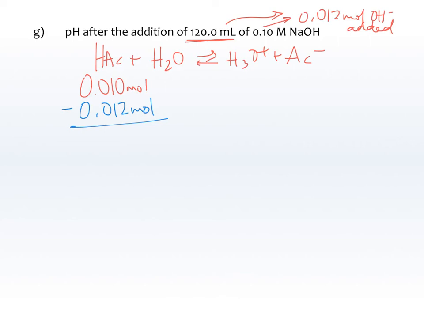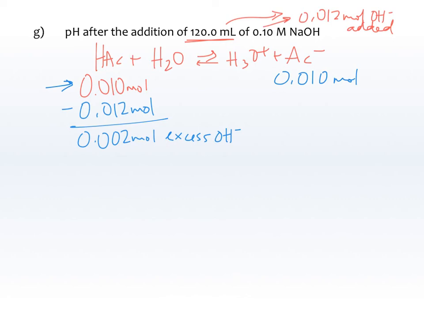So what's left over is 0.002 moles, but it's not excess HAc that's left over. It's excess OH minus that's left over. The OH minus was in excess, not the HAc. But what about the Ac minus? Well, I only am allowed to produce 0.01 moles of Ac minus because my limiting factor is now the HAc, not the OH minus.